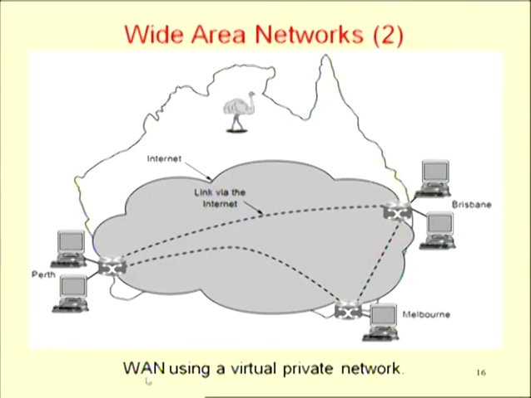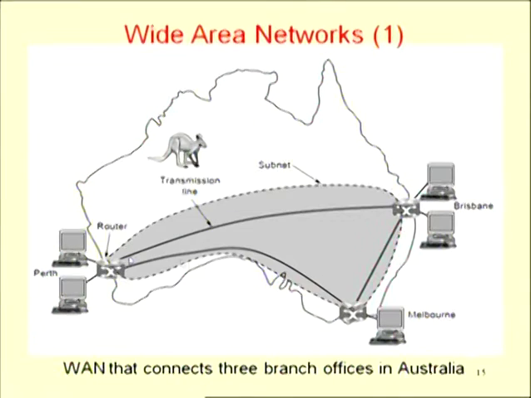Okay, but this is the case when using VPN, virtual private network. Here the subnet is formed using the connectivity which is used for getting connected to the internet. So we can say that all of these three terminals are connected with each other via the internet. So the subnet is being connected by the internet, and still it is possible to have a private connection between all of these three as if they were having dedicated connectivity like in this case.